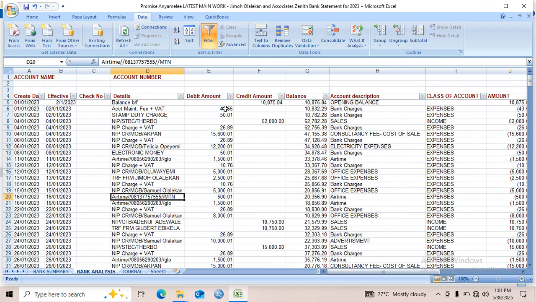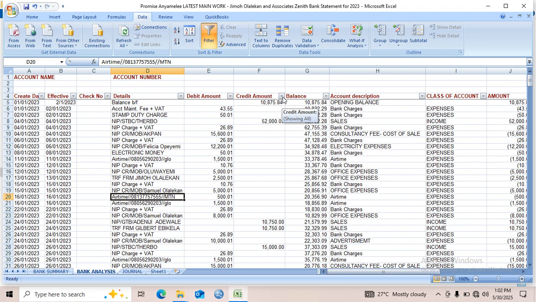Since the money is going out of the business, it might be an expense, it might be you buying an asset, or it might be you buying goods or services for your business. So that is basically what stays in the debit side of the bank statement. While the credit side of the bank statement, 90% of the things in the credit side are just sales, or let me say service income, because not all businesses sell. Some of them provide services.